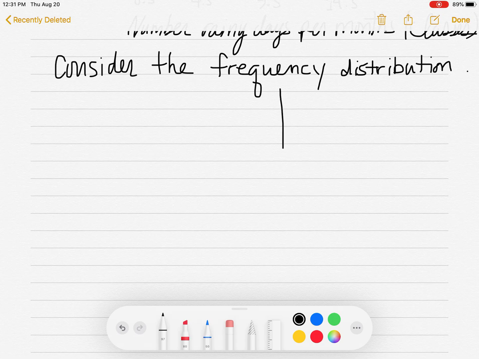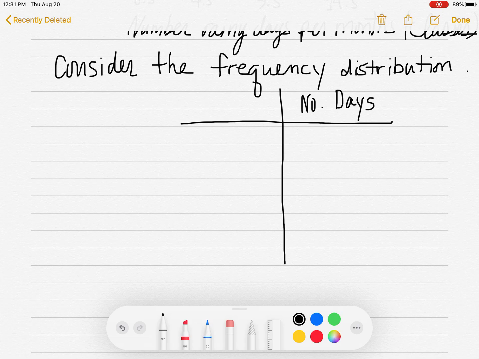So we have 2 columns that are given. Number of days is going to be our frequency, and on the left we're going to have the daily high temperature. This is going to be in Fahrenheit degrees for July.